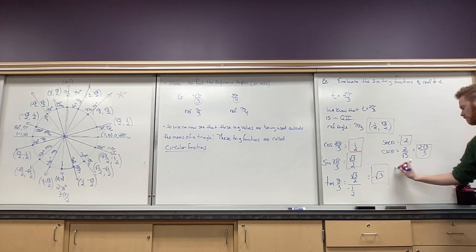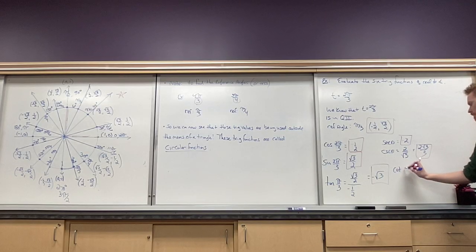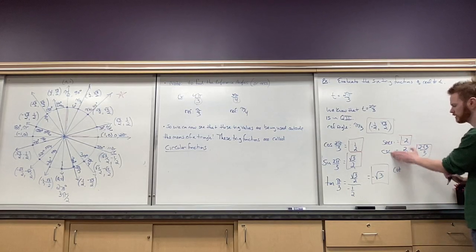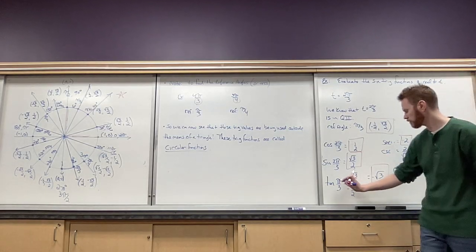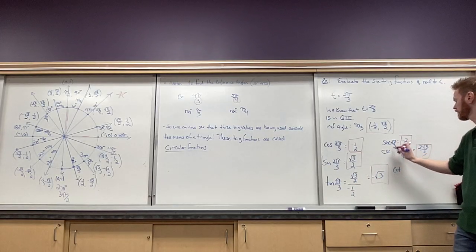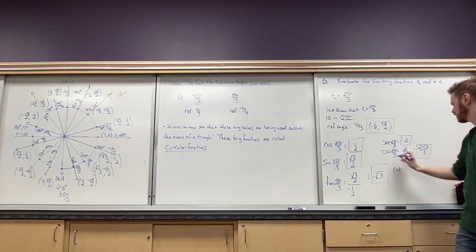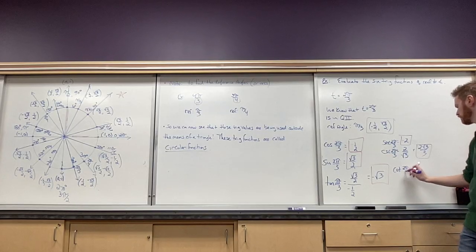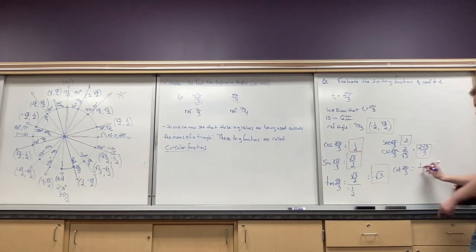And the last one, cotangent. Oh, I put thetas, my gosh. I even put pi over 3. That's 2 pi over 3. So cotangent of 2 pi over 3 would be 1 over negative square root of 3, which would be negative square root of 3 over 3. So there's our 6 there.